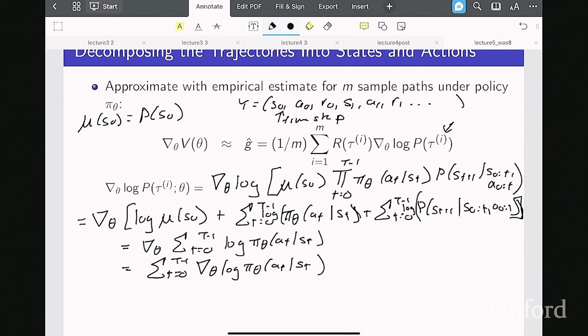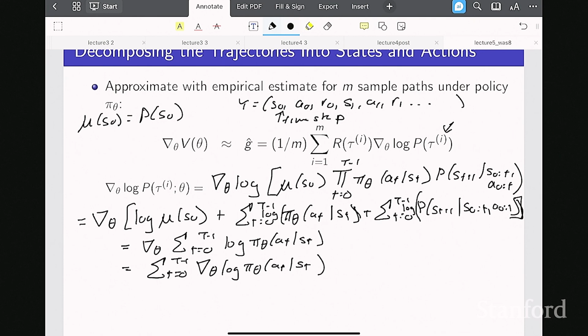Because the dynamics model is independent of your policy, when you take the derivative, it completely drops out, whether it is Markov, whether it is non-Markov, etc. And so that's really nice. Now, I did make the Markov assumption somewhere. I made it here, because I assumed my policy was Markov.